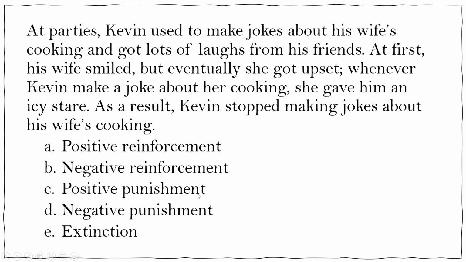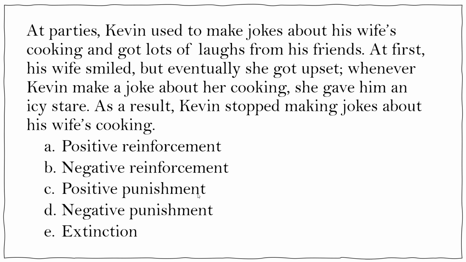Alright, at parties, Kevin used to make jokes about his wife's cooking and got lots of laughs from his friends. At first his wife smiled, but eventually she got upset. Whenever Kevin makes a joke about her cooking, she gave him an icy stare. As a result, Kevin stopped making jokes about his wife's cooking. So, Kevin makes a joke, his wife provides an icy stare, and Kevin's behavior of telling jokes decreases.